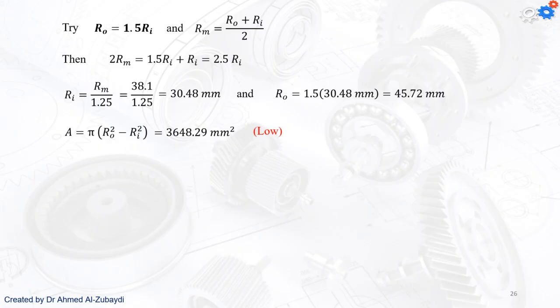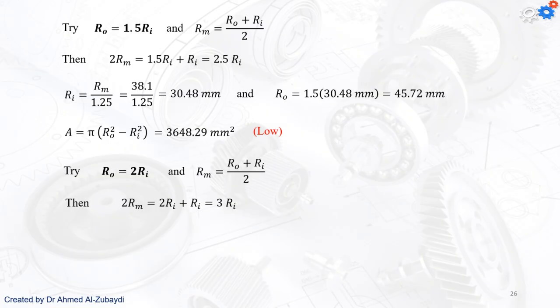The area in that case is going to be 3,648.29, which is too low compared to the one that we calculated in the previous step. So let's go back and suggest a new value for RO in terms of Ri. We're going to use 2.